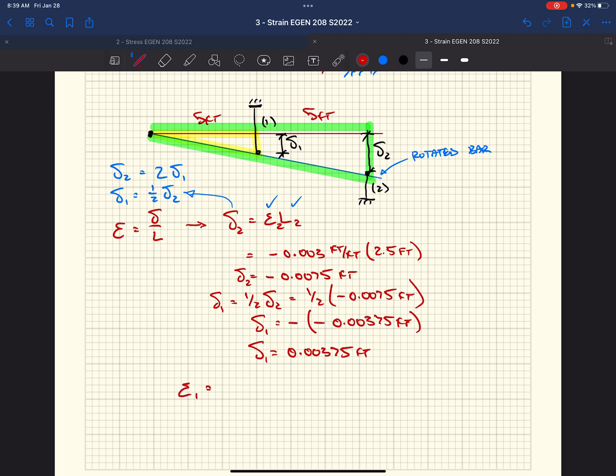So we have epsilon 1 equals delta 1 over the length of rod 1, 0.00375 feet all over 4 feet.